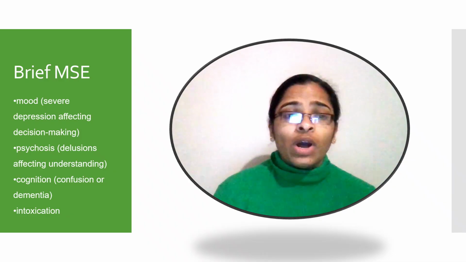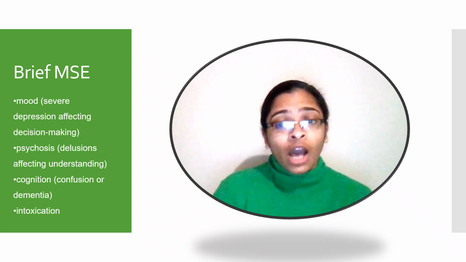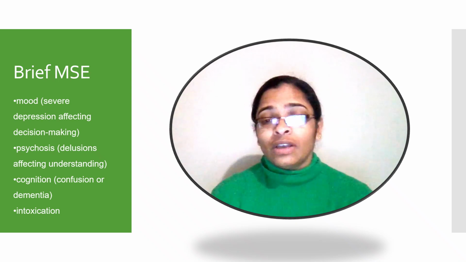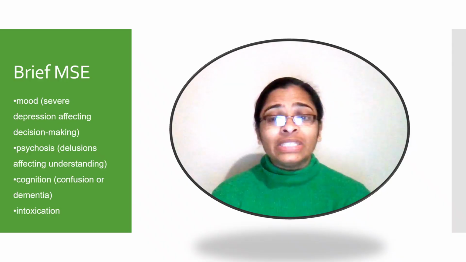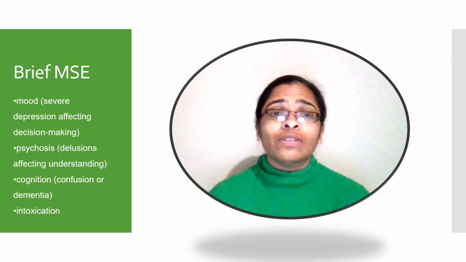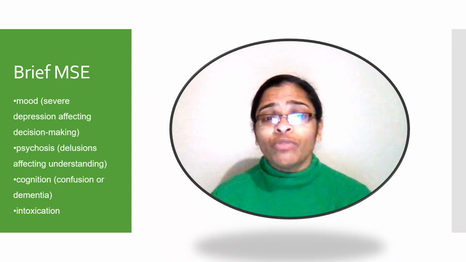You may need to ask about psychotic symptoms just to see how the delusions are affecting the understanding of the patient, or whether the mental health in some ways is affecting the person's ability to weigh the pros and the cons of the decision.